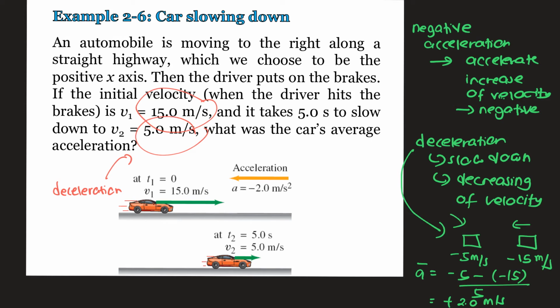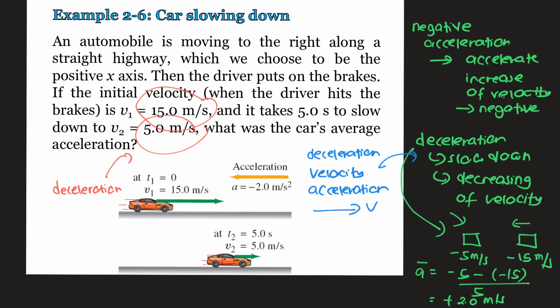So please take note, when it comes to deceleration, the direction of velocity and the direction of acceleration are always opposite. It means that if your velocity is here, your acceleration is going to be the other way, because it slows down.